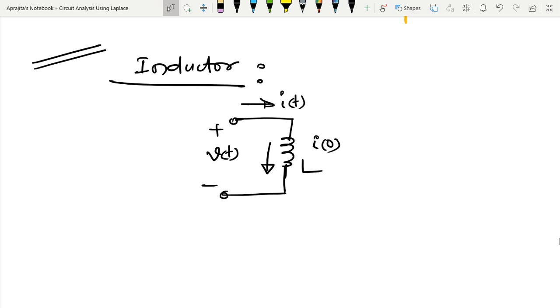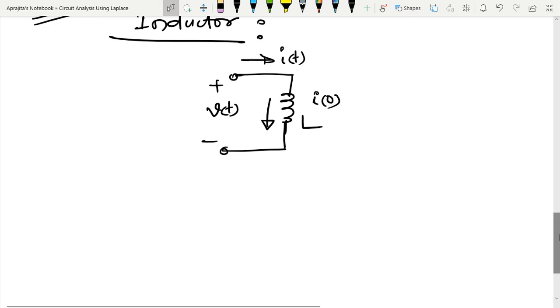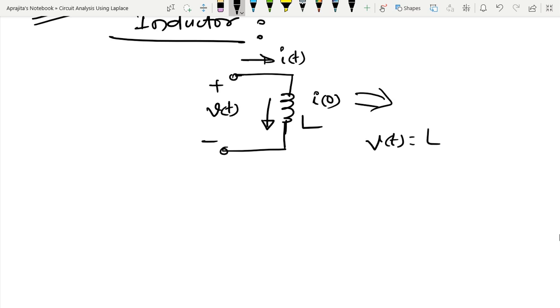So now I can write the mathematical equation in time domain, and mathematically I can capture it like this: v(t) equal to L di(t) by dt.